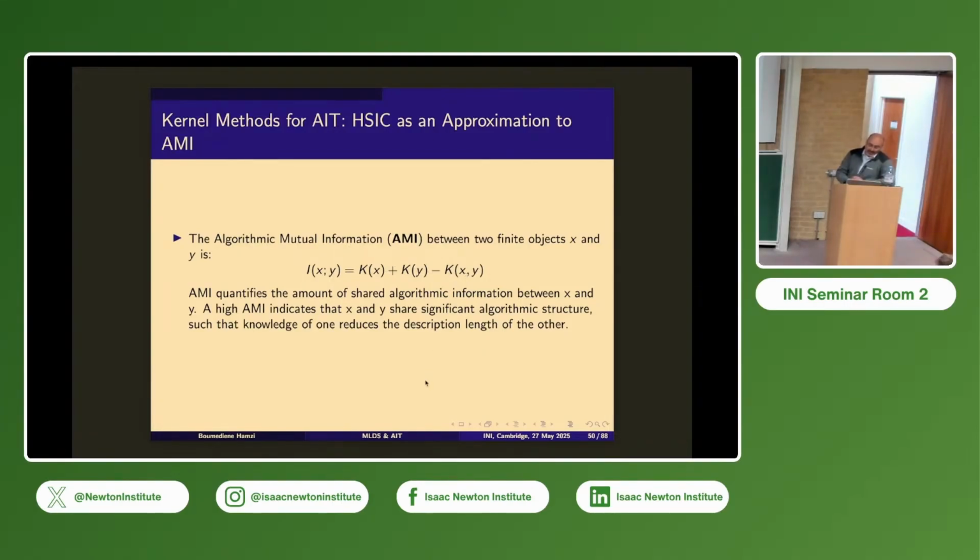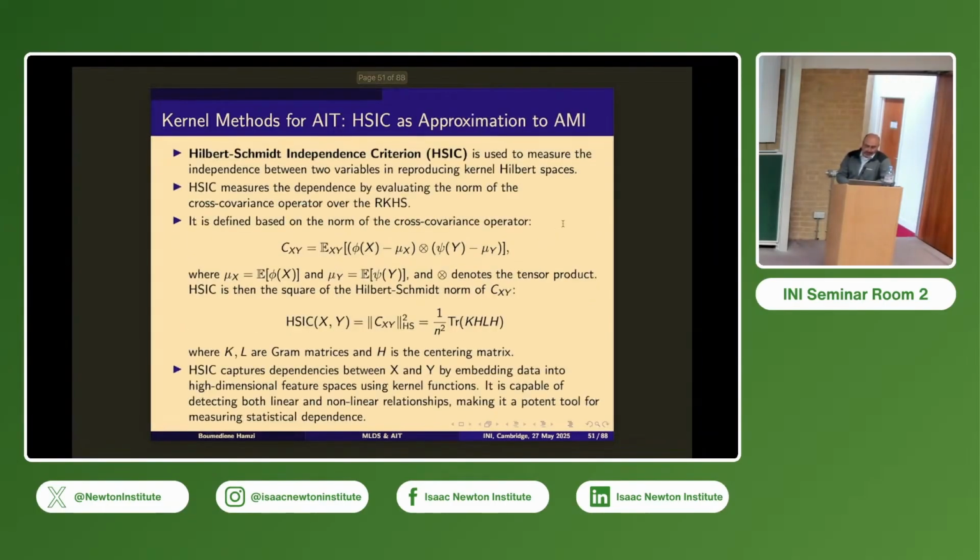So high AMI indicates that X and Y share a significant algorithmic structure, whereas a smaller one says that there is no significant algorithmic structure, and this is where it sounds natural to relate this to HSIC. The Hilbert-Schmidt independence criterion is popular in kernel methods to measure independence between two variables in an RKHS.